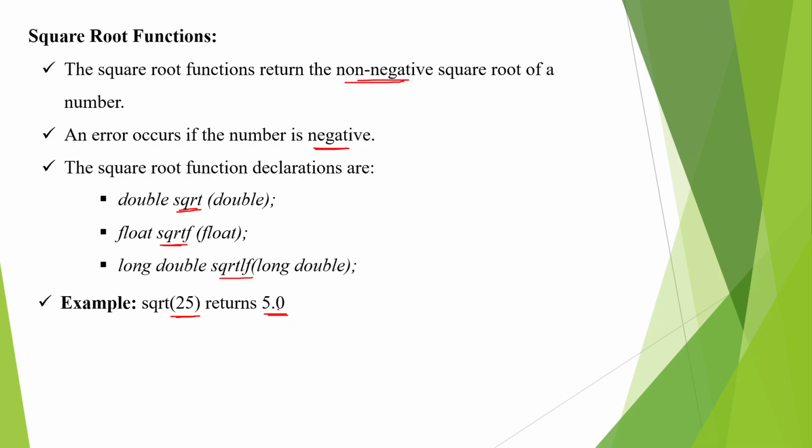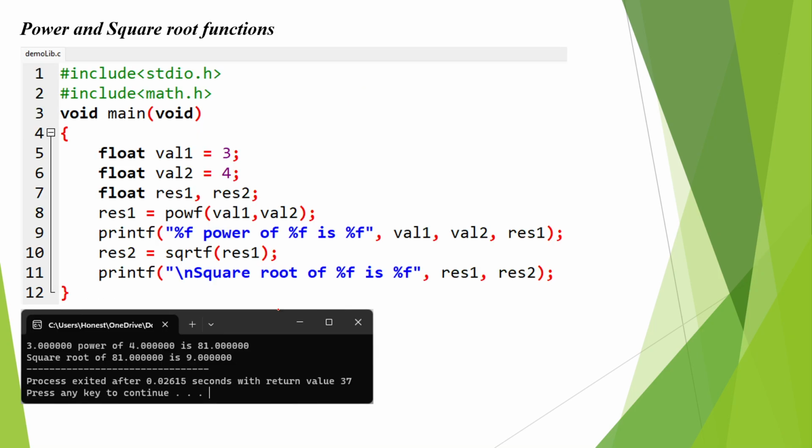A simple program demonstration we have given here, calculating the power and the square root of different values. I have taken two values, value 1 as 3 and value 2 as 4, of float type. To store the result, I am taking two variables of type float, result 1 and result 2.